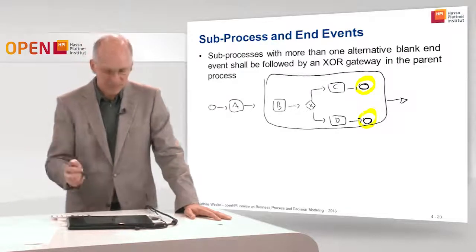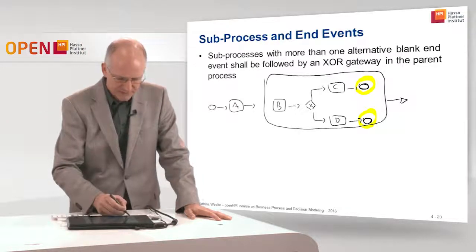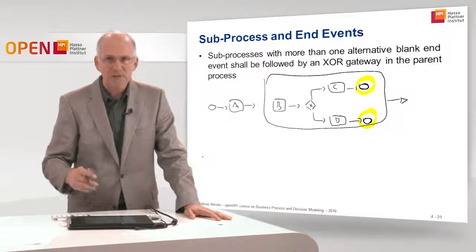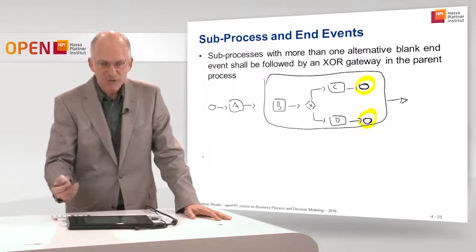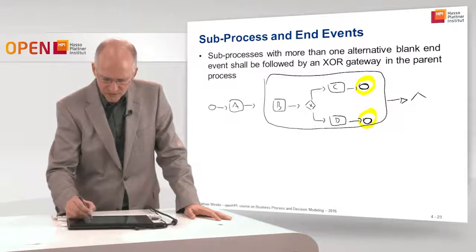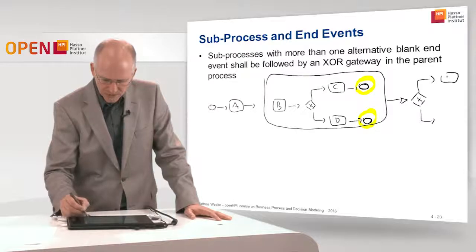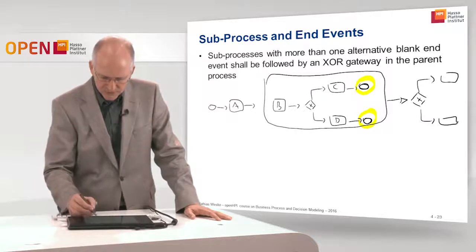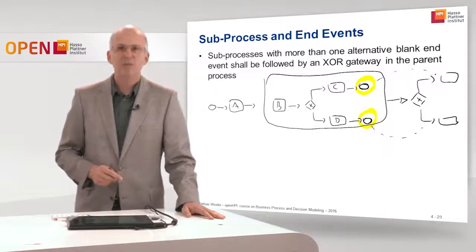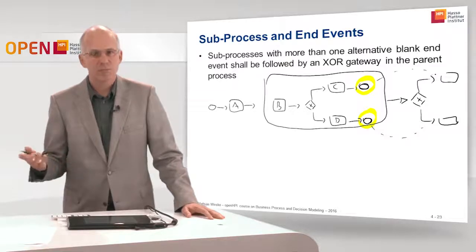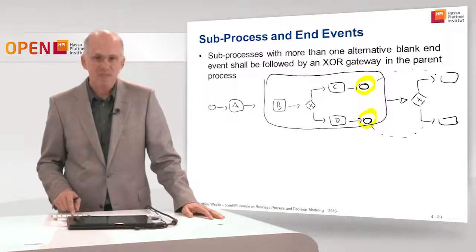And the outcome of the subprocess has an effect on the top level of the process, so that there we will have one alternative for each of these alternatives. So this association here, and association there. That makes it clear that the outcome of the subprocess has an implication on the process level as well. That's what's meant here with this guideline.